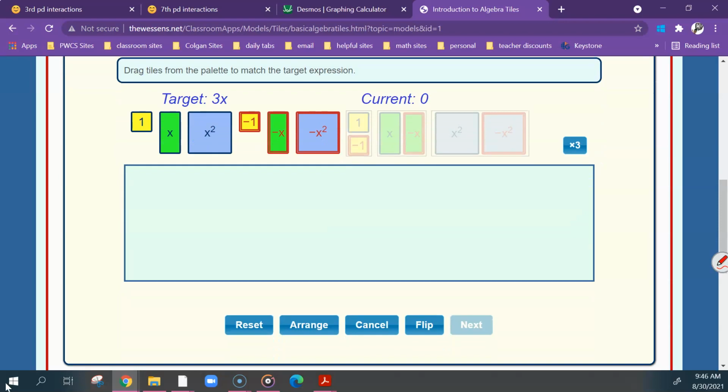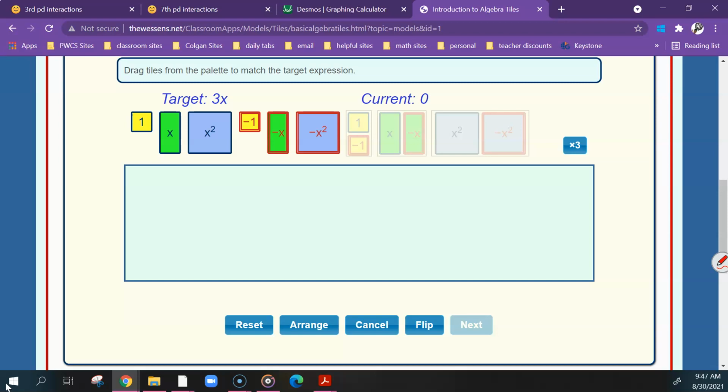Alright, so this is modeling with algebra tiles. You may have used this before, you may have not. But this asks us to model 3x using all of our stuff. You guys can pack up when we get like 6 minutes left. Of these things, there's a 1, there's an x, there's an x squared.